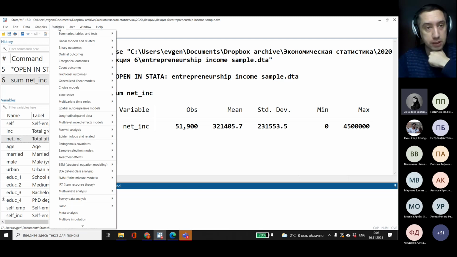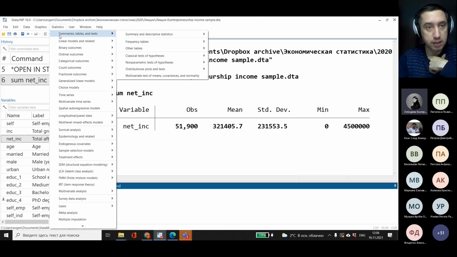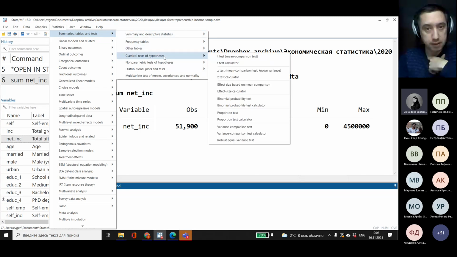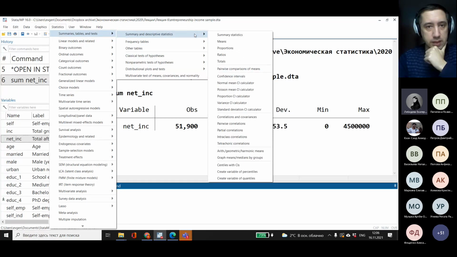To find it, go to statistics, summaries, tables and tests, classical tests of hypothesis, and here, summary and descriptive statistics, where you use confidence interval. Also, you have a standard deviation CI calculator if you want to check yourself.